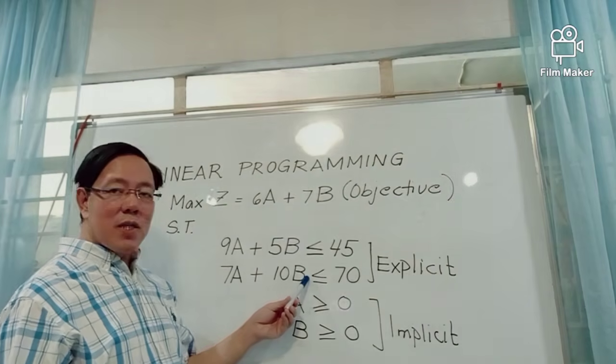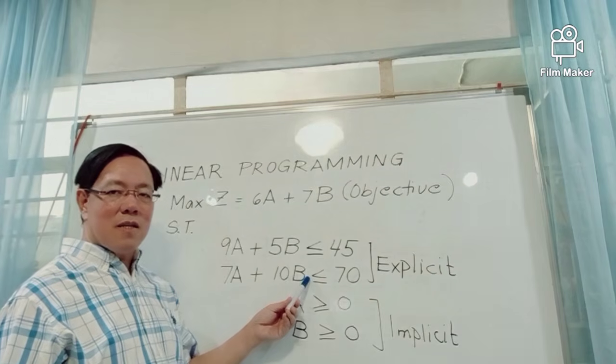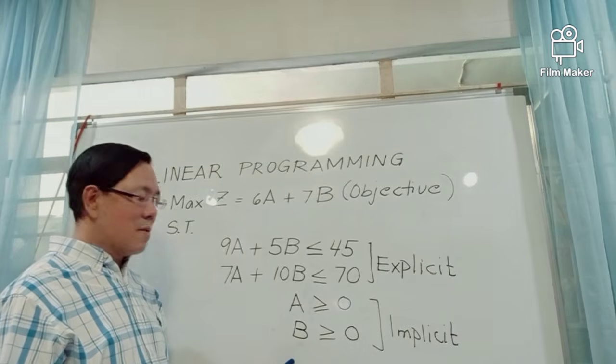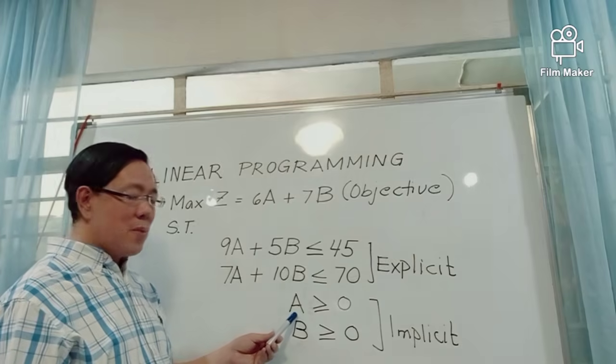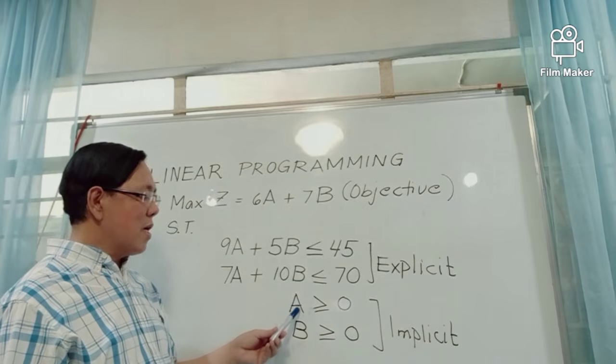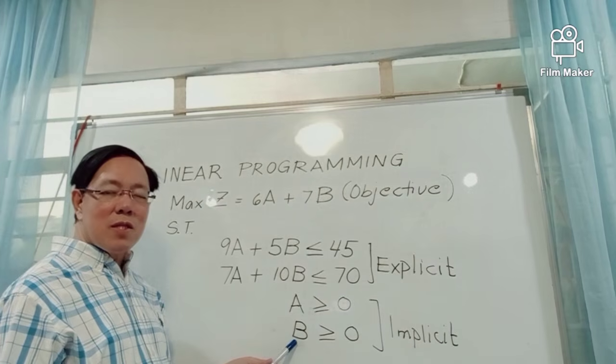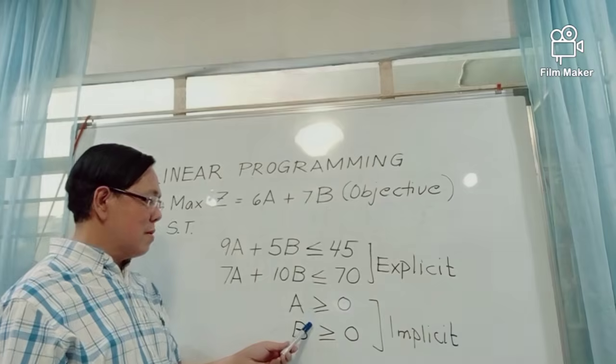In particular, it contains the less than sign. The same with the implicit constraints. The exponent of the decision variable A is 1. The exponent of the decision variable B is 1.